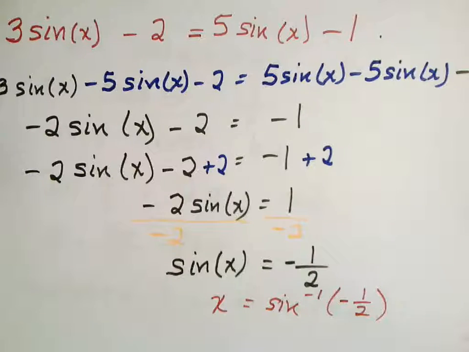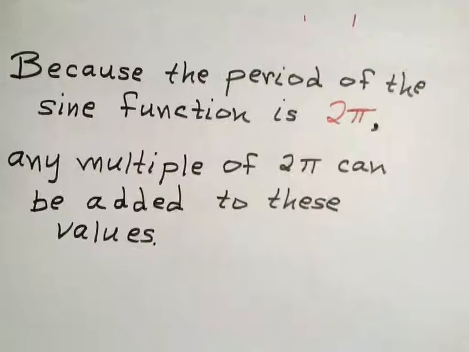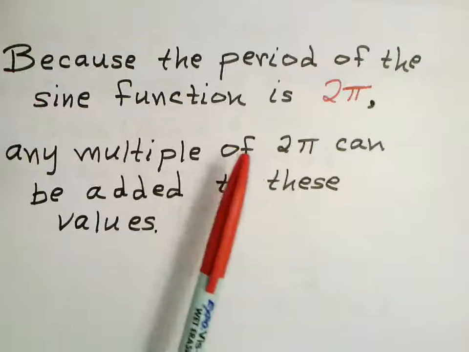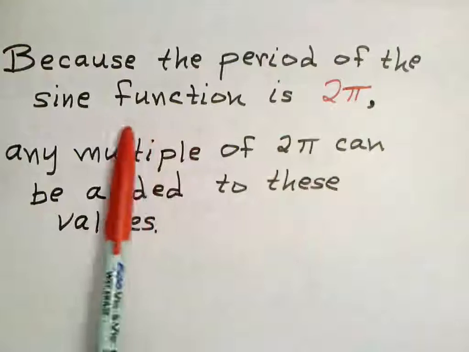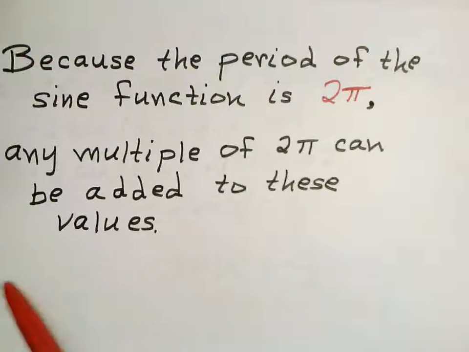What is the angle? And also remember that the period for the sine of x is also what, 2 pi radians? And because the period is 2 pi, any multiple of 2 pi can be added to these values. So you're going to have an infinite set.